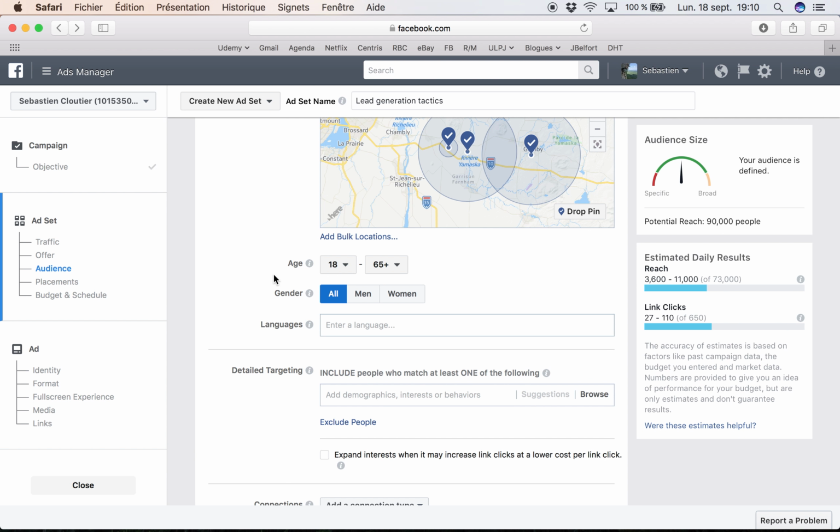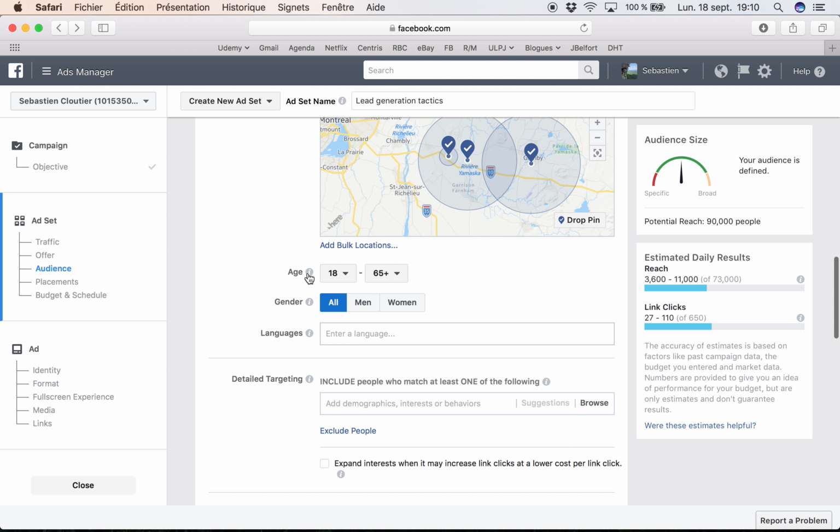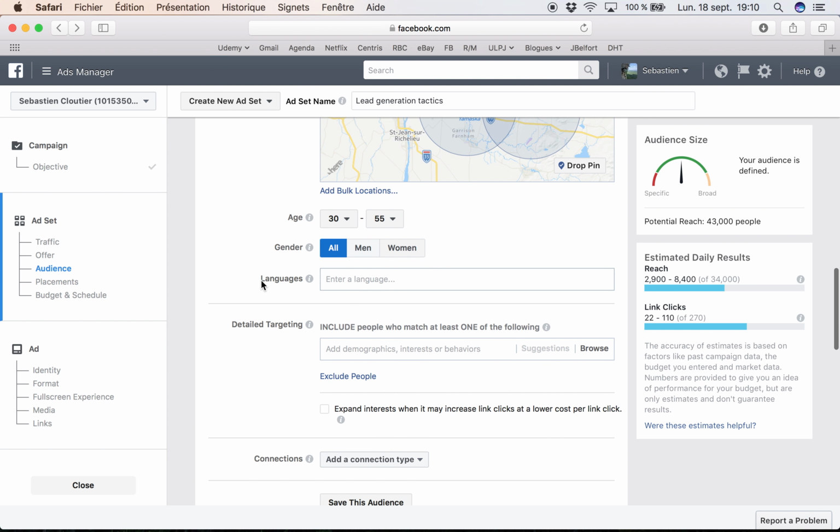If you want to do, I don't know, retirement, investment, or stuff like that, I don't think 18 year old people would be really appropriate, you know. So depending on your topic, depending on your lead group that you want to target, you might want to put that to 25, 30 years old, and let's say maximum 55. Just make sure the age group makes sense.